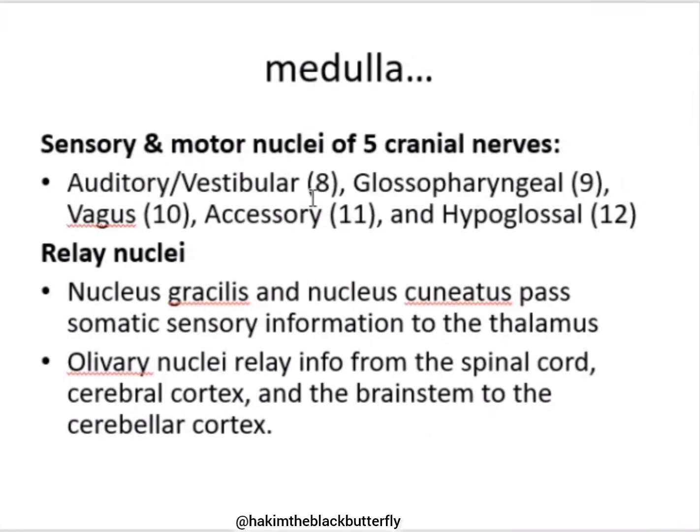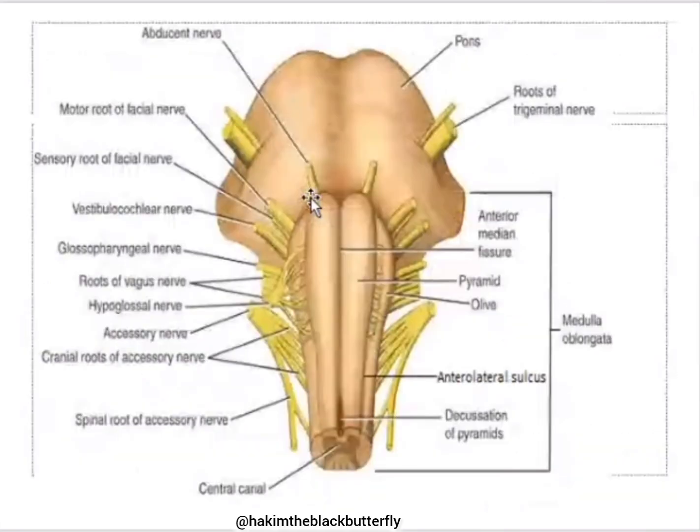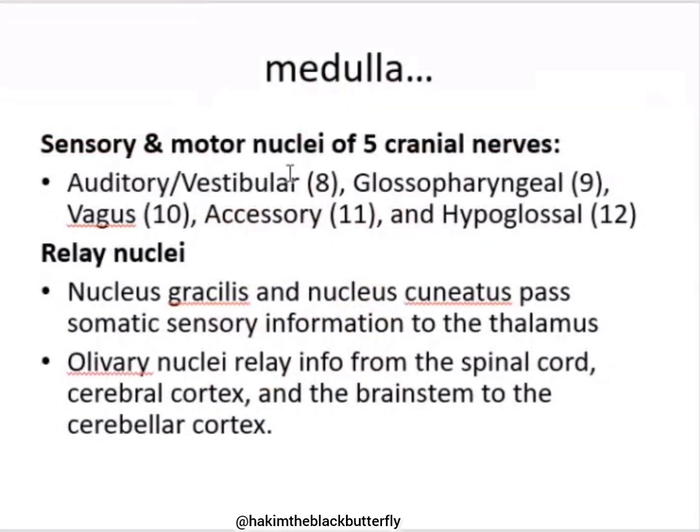Now we should distinguish. Externally, you can see very many cranial nerve roots protruding from the medulla oblongata. But on the inside, these are the ones which have their nuclei on the inside: cranial nerve number 8, cranial nerve number 9, cranial nerve number 10, cranial nerve number 11, and cranial nerve number 12. They are the ones whose nuclei are contained within the medulla oblongata.